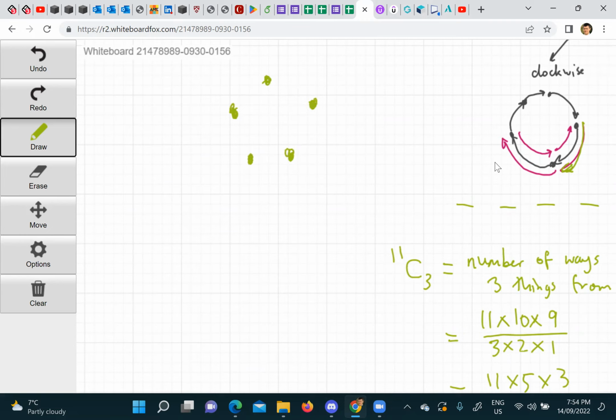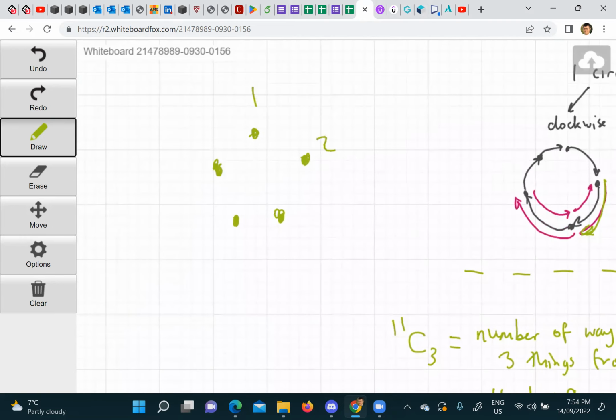Okay, so you have basically 5 dots, right? And they're labeled 1, 2, 3, 4, 5, yeah? And you start at 1, yeah? And you can either move, say, clockwise or anti-clockwise, yeah?